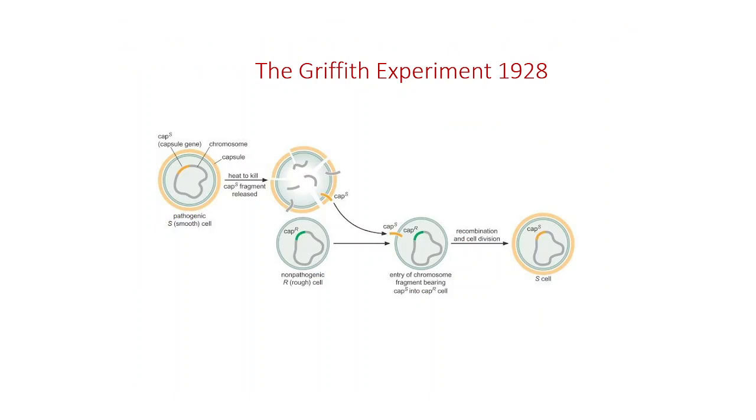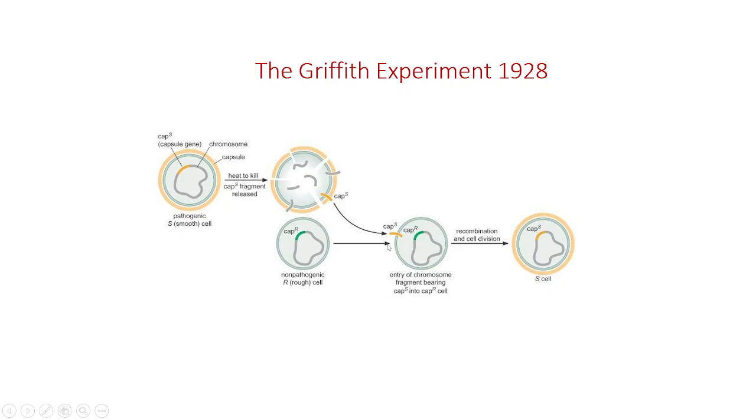So this is another experiment of Griffith. This is a similar experiment, but he did it like this. So you can see over here, there is a virulent strain of bacteria that's present, and then you have the heat killed avirulent strain. So this is, you killed it and then you injected it.